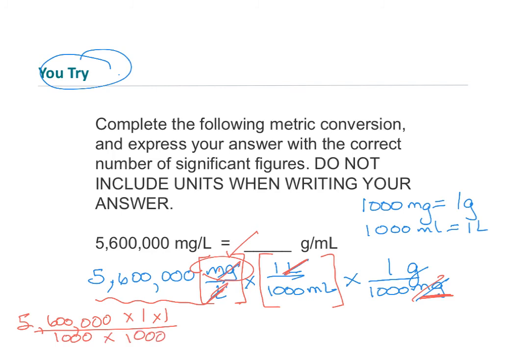All right, so now enter that in your calculator again, because the answer that you should get is going to be, let's see, 5.6 grams per milliliter. So if you enter it in your calculator and you get a much larger value than 5.6, it's simply because you're entering it wrong.